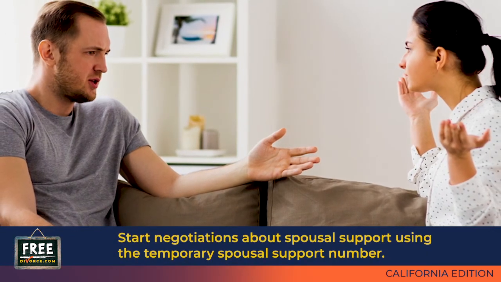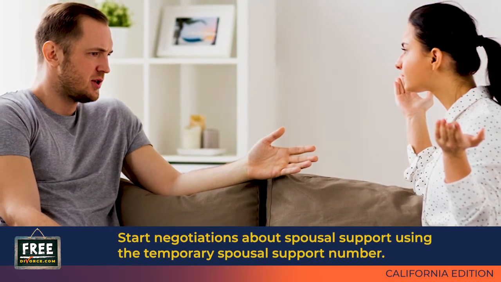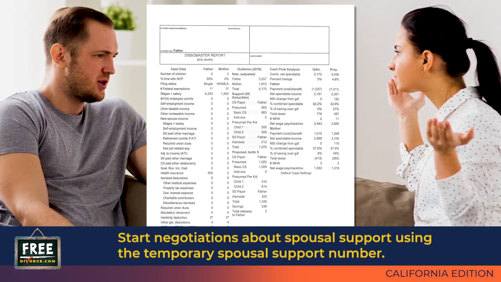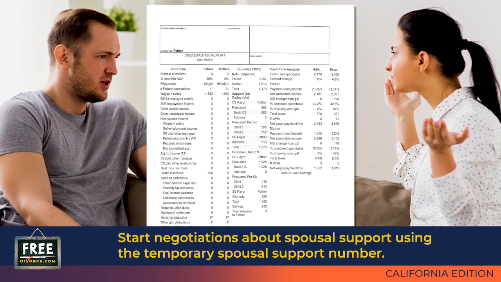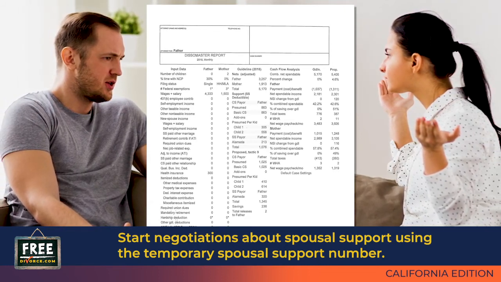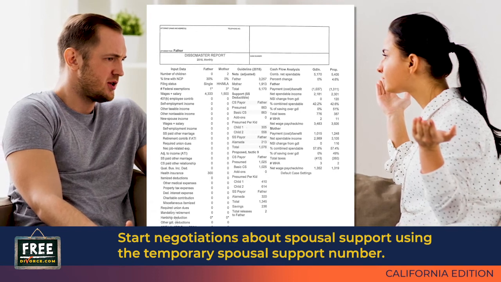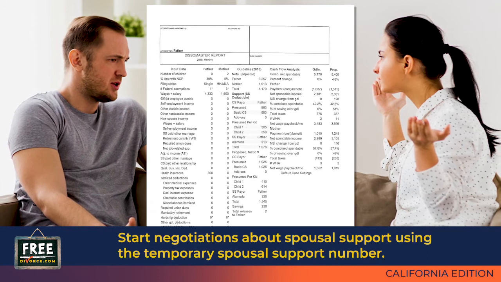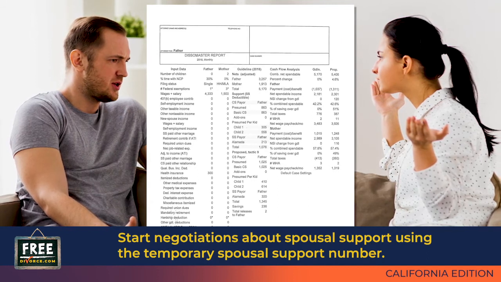What you can do is look at the temporary spousal support number generated by the computer support software calculator, such as DissoMaster. As I previously mentioned, judges are not supposed to use the computer program to determine long-term spousal support. In fact, the law prohibits them from even using the computer temporary spousal support number as a jumping-off point.